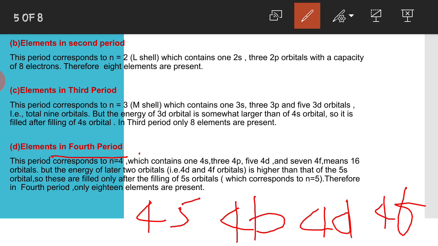So these are filled only after the filling of 5s orbitals. Therefore, in fourth period, only 18 elements are present.